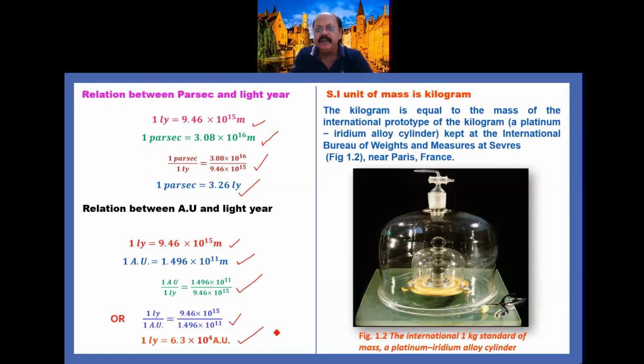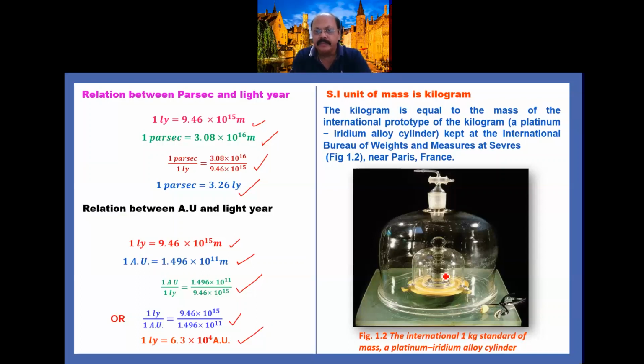So you see here, this is a cylinder which is kept at the International Bureau of Weights and Measures in France, and this cylinder is basically a platinum iridium alloy whose mass is 1 kg.